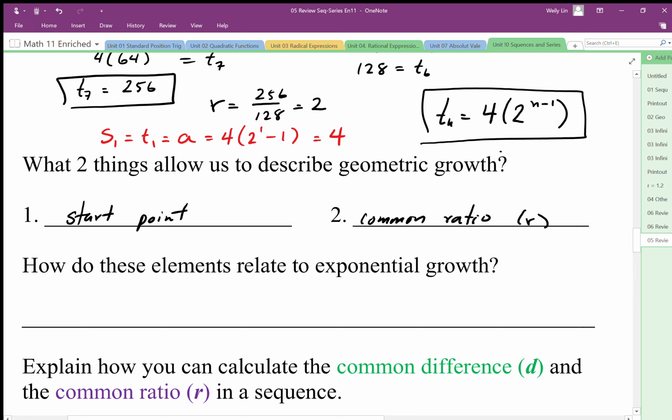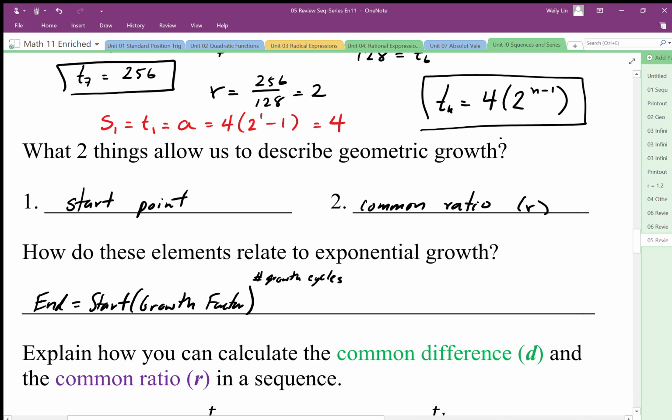Well, the exponential growth formula looks like this. The n value is equal to the start value, times our growth factor, our multiplier, to the number of growth cycles, or how often I apply the growth factor.